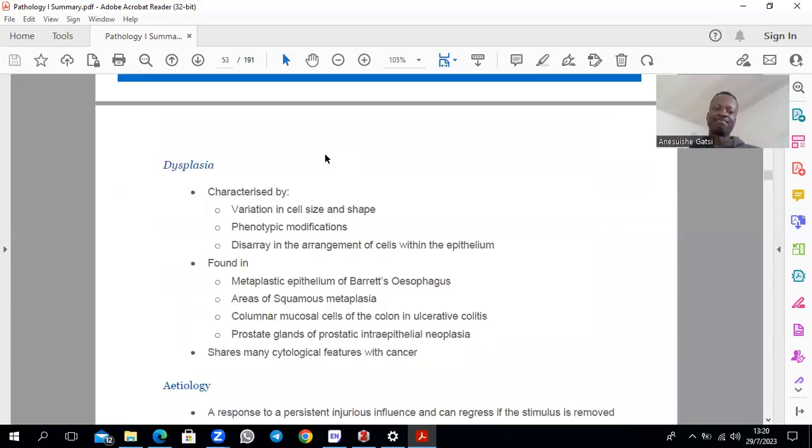Then dysplasia, there's going to be variations. We might say these are abnormal, disorganized, right? So this is going to have variations in the size and the shape and the phenotype and everything, right? So when you see, for example, here it's saying metaplastic epithelium of the Barrett's esophagus can have dysplasia. This is how we are thinking about metaplasia, dysplasia, neoplasia sequences, where now you started off with a change in the epithelium.